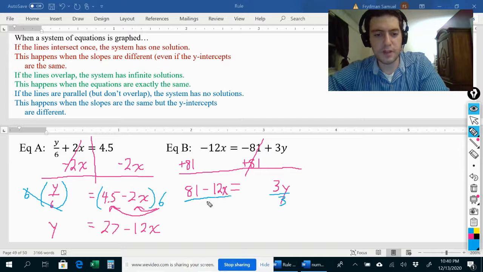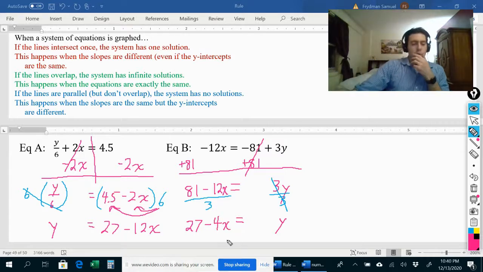So let's divide the other side as well. And then we're going to get y equals 81 divided by 3 is 27. Okay, and then this minus 12x divided by 3 will get minus 4x.